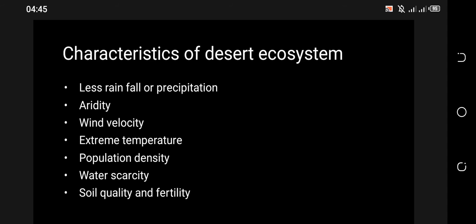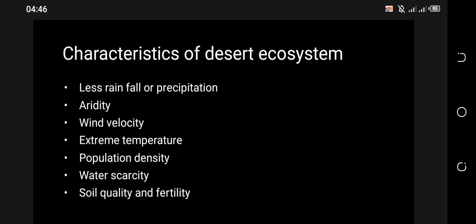Water scarcity: due to less rainfall, that means more water will not be present in this type of ecosystem. Soil quality and fertility: the soil of desert ecosystem has low quality, and on top of that, it is less fertile. That is, it lacks a lot of nutrients. There are a few nutrients, but it lacks a lot of nutrients.